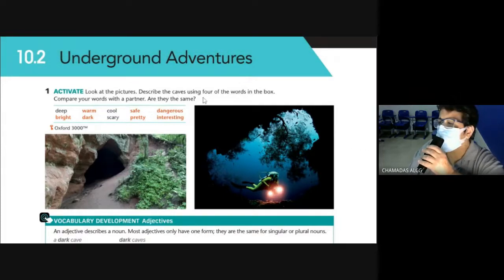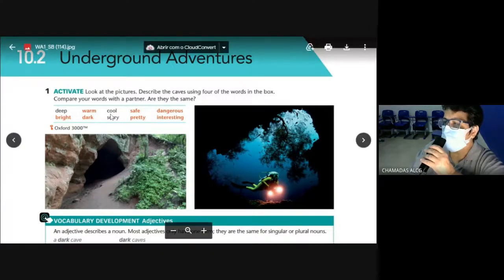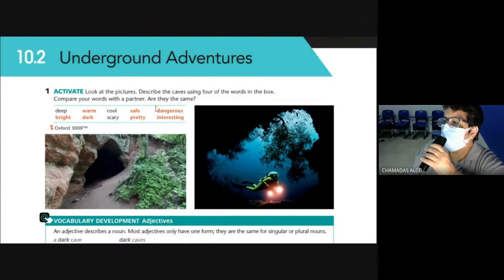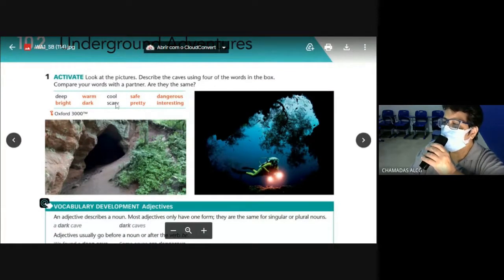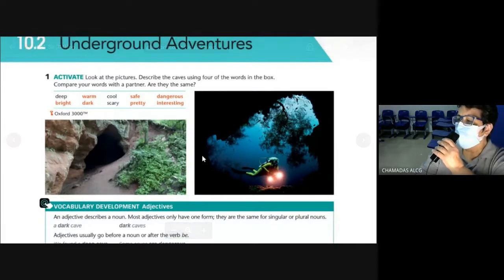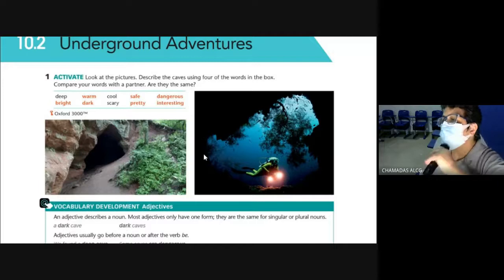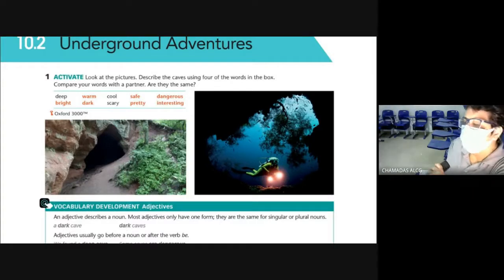Describe the caves using 4 of the words in the box. Are they the same? Here we have those 2 pictures, and here we have the words. How can you describe those 2 images? How can you describe the first picture, for example?